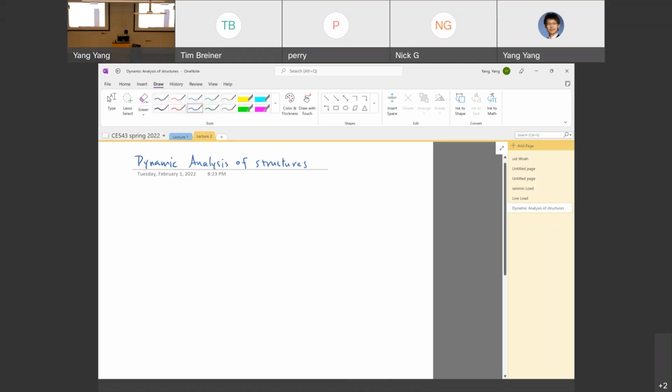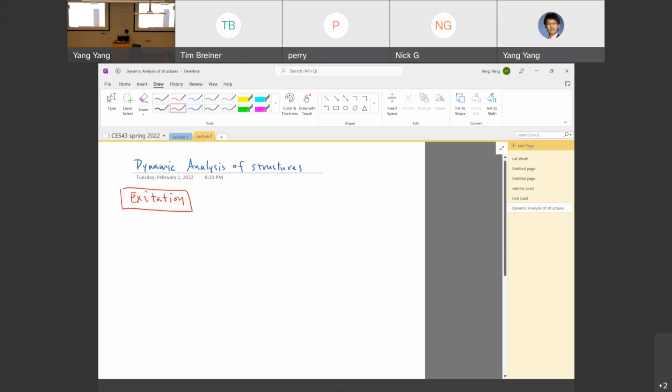So the first step, where you start the analysis, is to have a way to express the dynamic load. The dynamic load we usually call excitation.